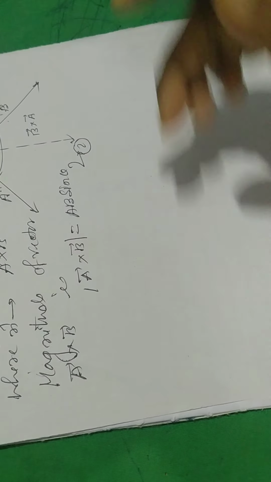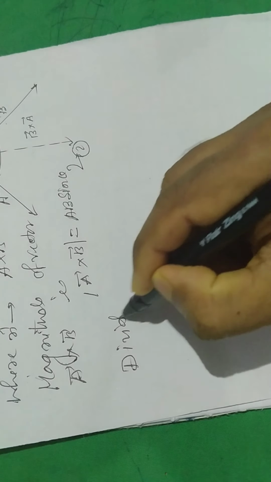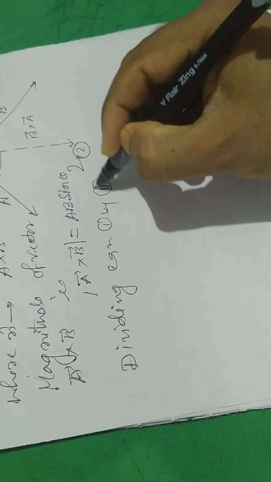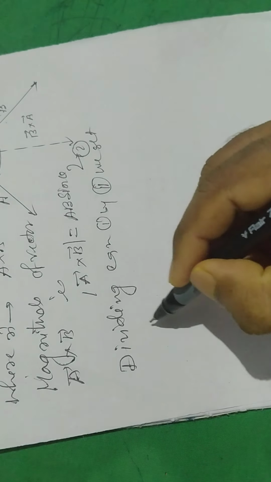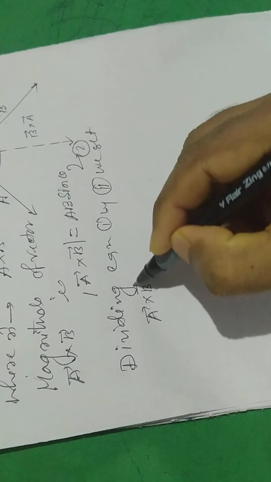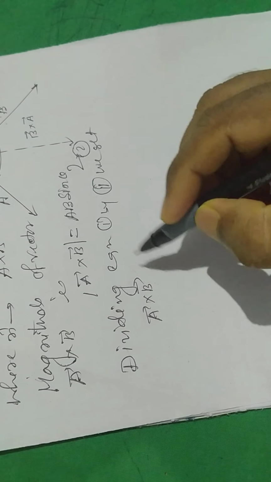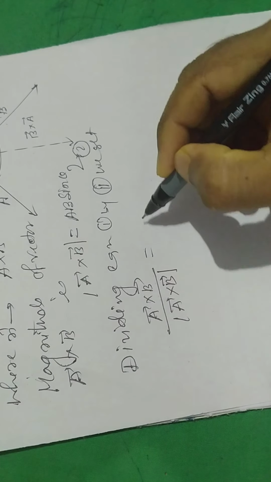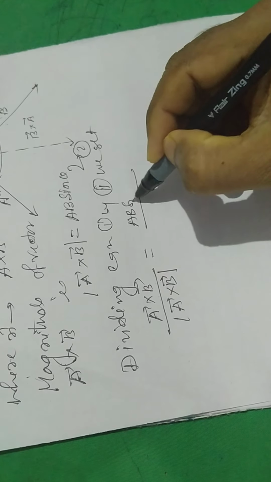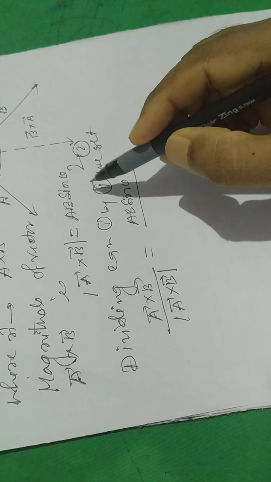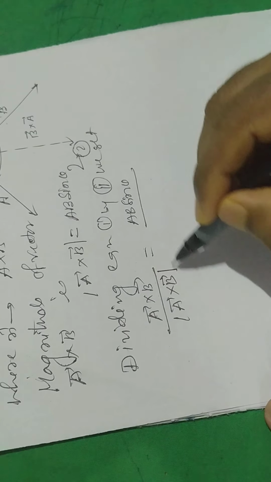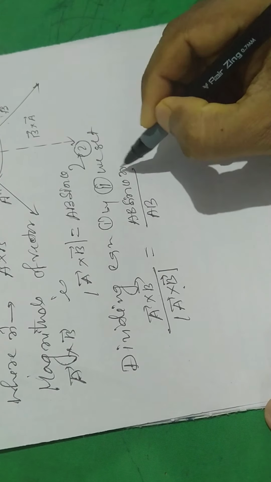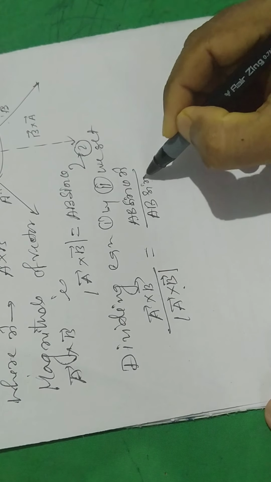Dividing equation 2 by 1, we get A cross B divided by magnitude of A cross B. A cross B is AB sine theta n cap, and magnitude of A cross B is AB sine theta.